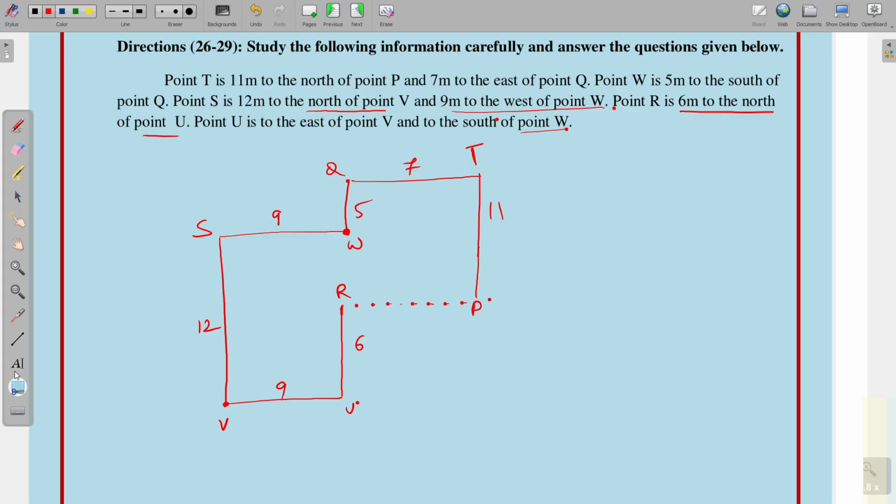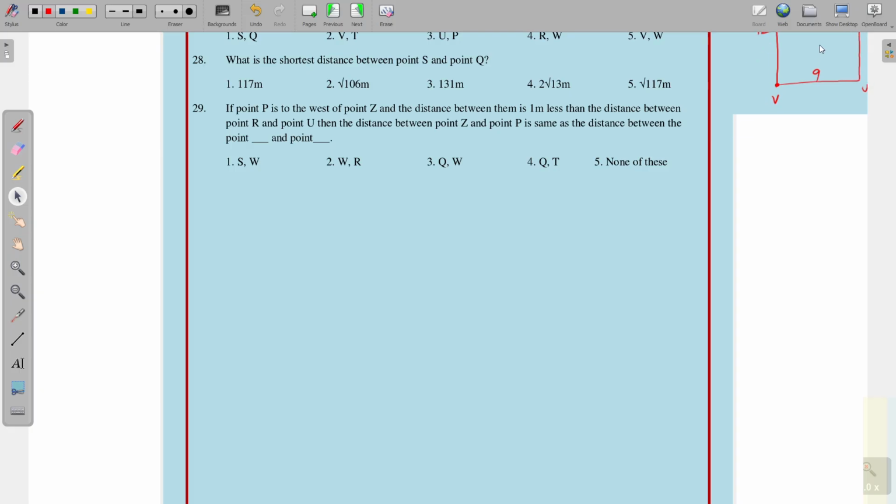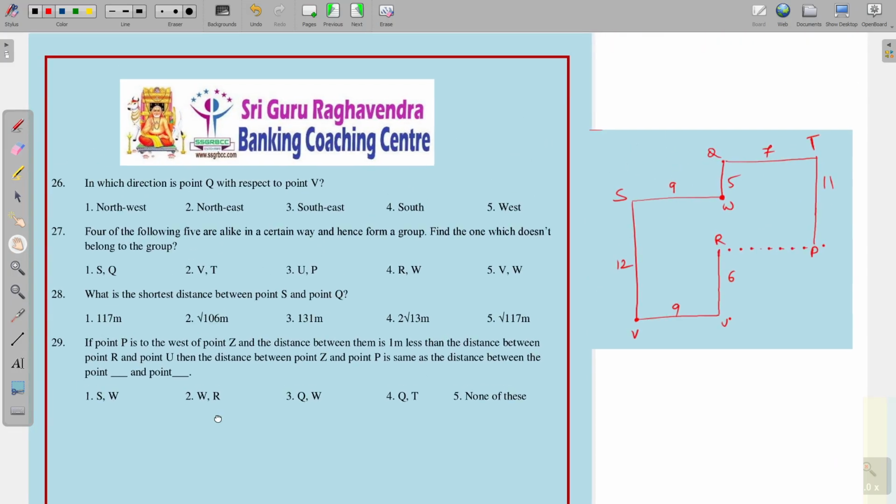Let us move on to the questions. Question 26: which direction is Q with respect to V? Q here and V here, exactly northeast. Question 27: which one doesn't belong to the group?